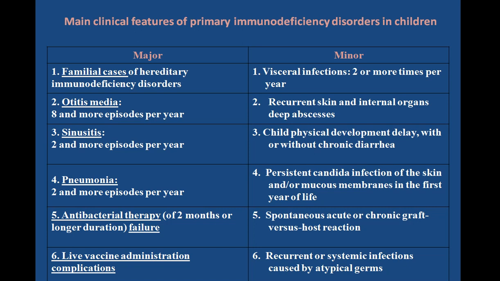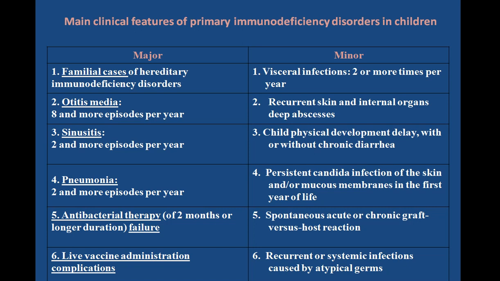Major clinical features: familial cases of hereditary immunodeficiency disorders. So we must speak very attentively with the patient and ask for details in the anamnesis morbi. Then otitis media, 8 or more episodes per year.